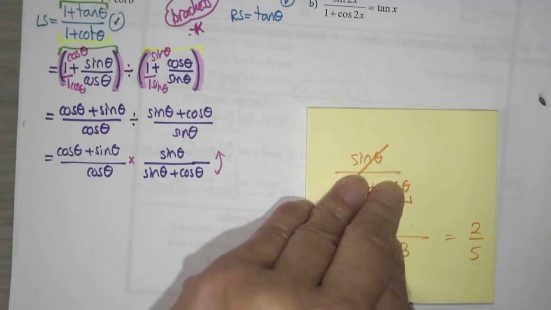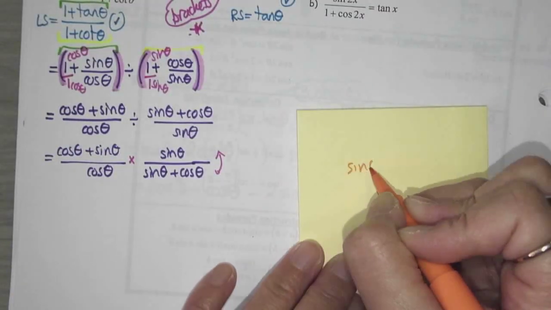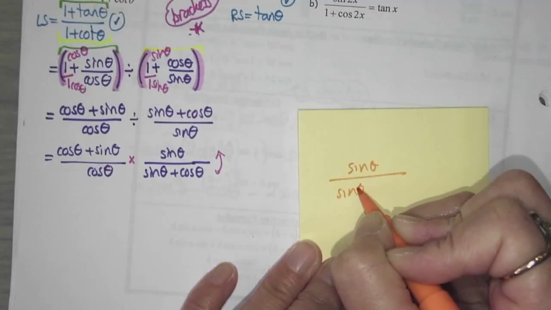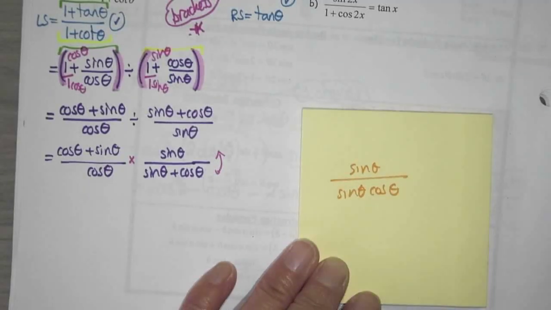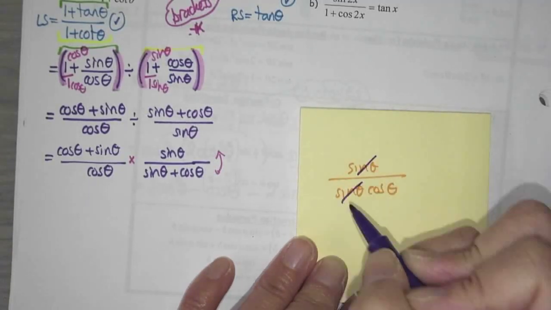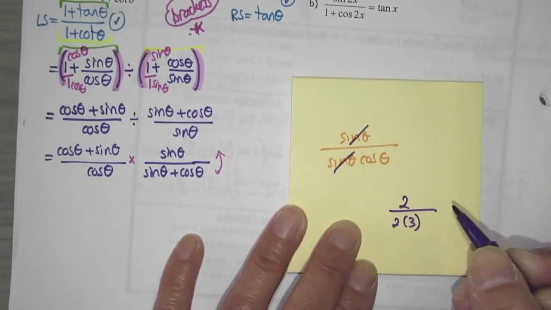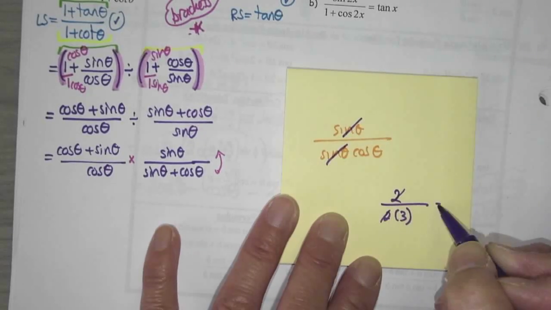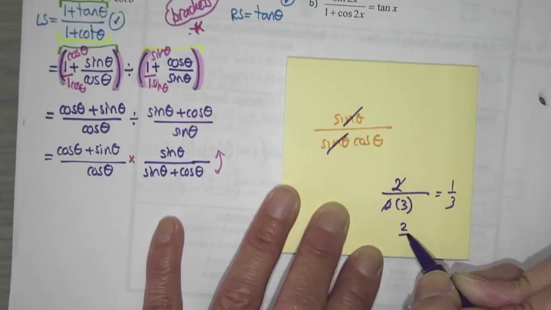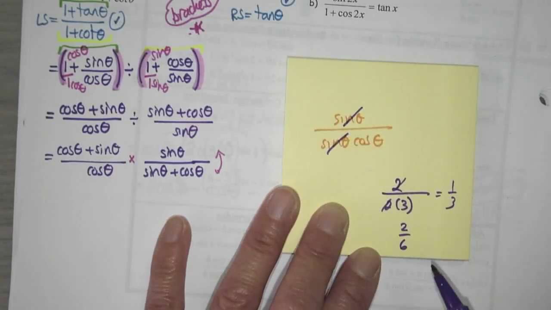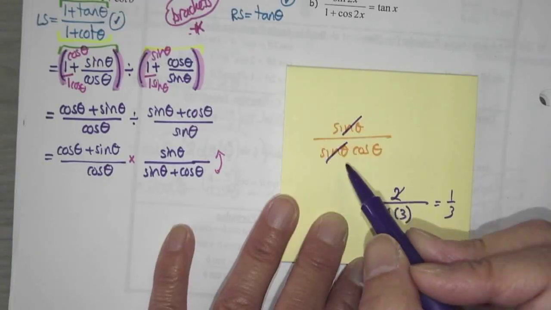If I had sine theta over sine theta cos theta, that is okay, because you can cancel those guys. That's the same thing as saying 2 over 2 times 3. If you cancel that, that's 1 over 3, which is the same thing as 2 over 6, right? So that's okay. Multiplication works, not addition or subtraction.